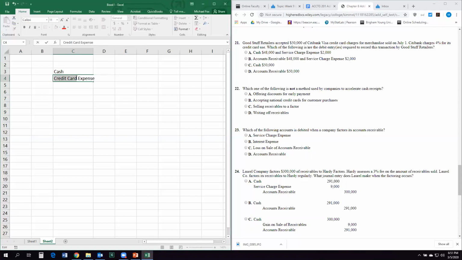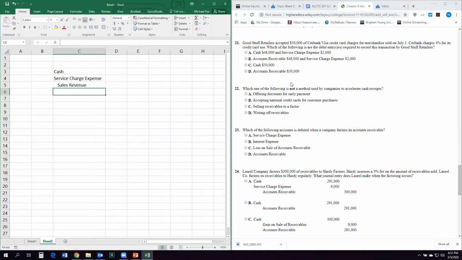I don't know what that means, but. And then our revenue. So that's what the journal entry will look like. In this case, we sold $50,000 worth of stuff and 4% of it is our credit card fee, and then the amount of cash we actually collect is like that.